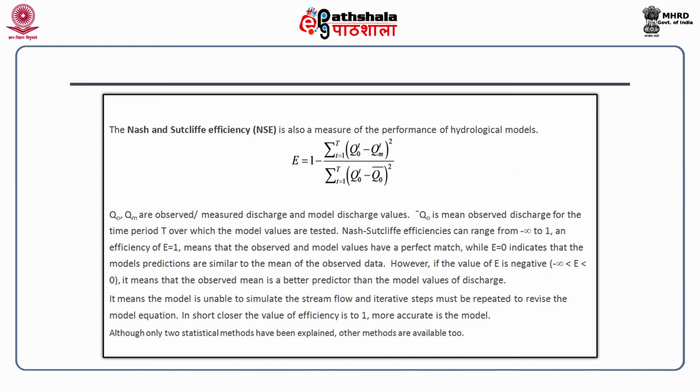So, once again what we really do is, once we have established the model, we simulate the model conditions, and the simulated values are compared with the observed values. This is typically done in case of stream flow. So, stream flow is something which is heavily dependent on this kind of error calculations.